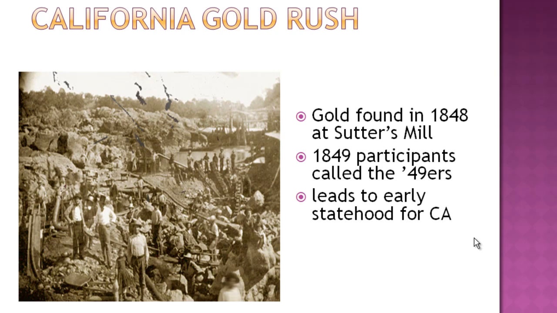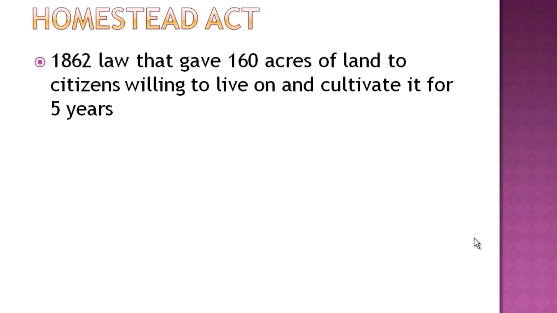In California, there was such chaos, such competition for gold, lawlessness, and just general upheaval. They realized they needed the structure of government, and they realized they needed to join the Union. So this leads to early statehood for California.